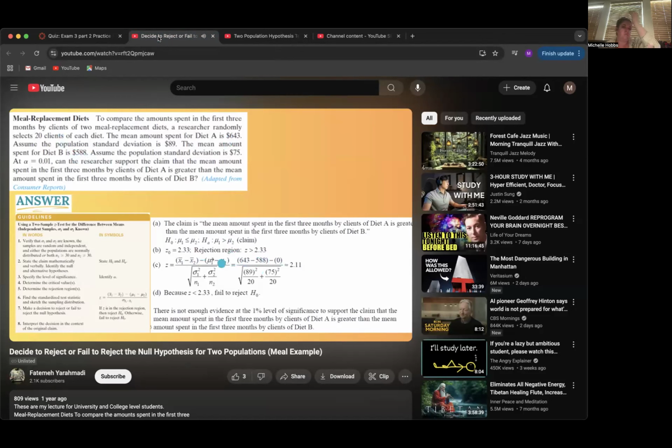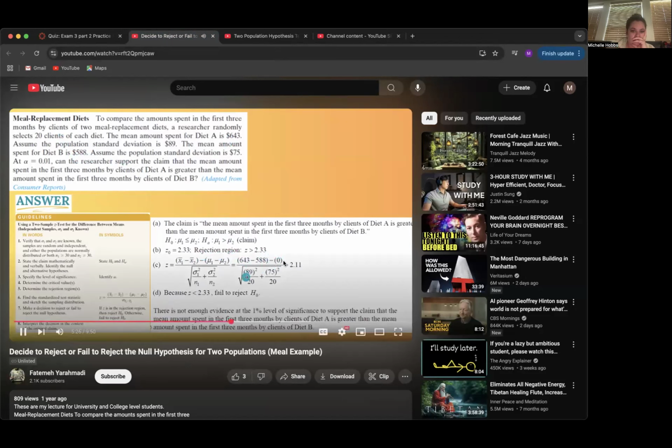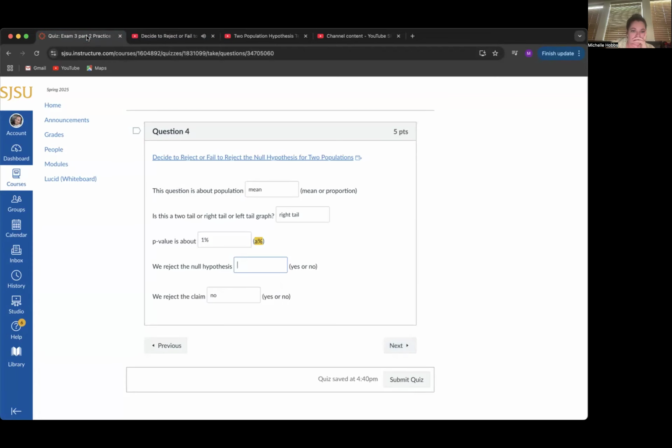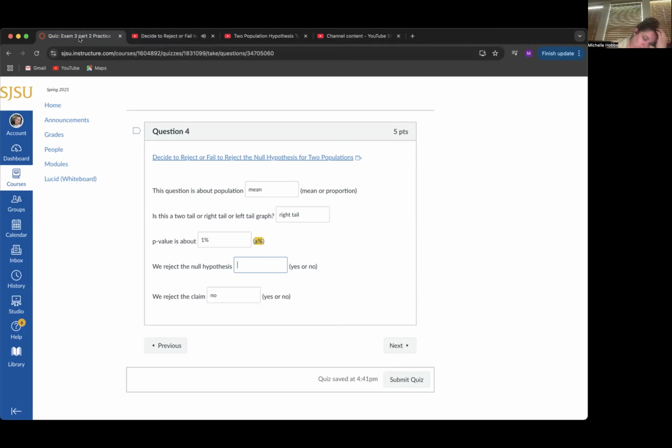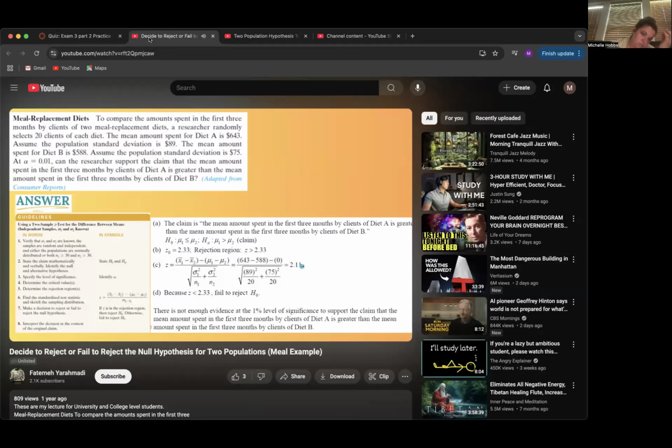Minus the difference between population means, always assume it is 0. Divided by the square root of the first standard deviation 89 squared, divided by, well, we have 20 clients, plus the second standard deviation 75 raised to the second power, divided by n2, which is 20. When we do the calculation, this is the standardized test statistic that we have, 2.11.